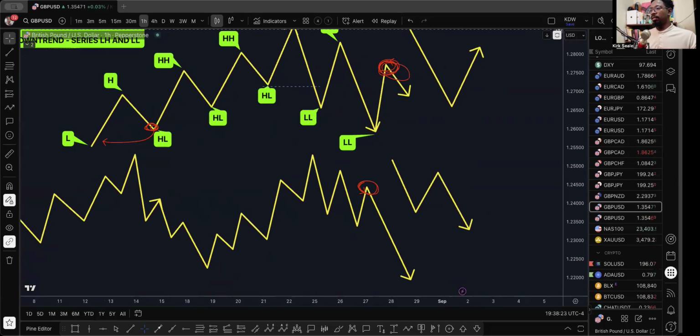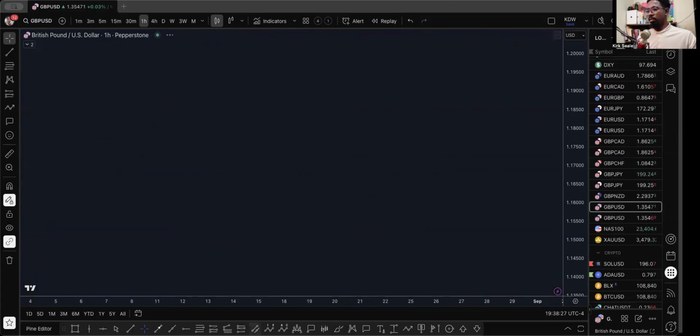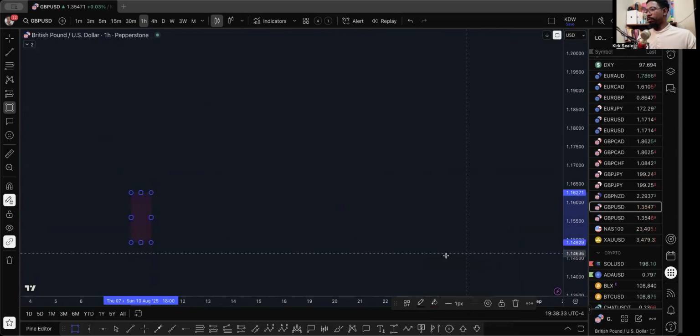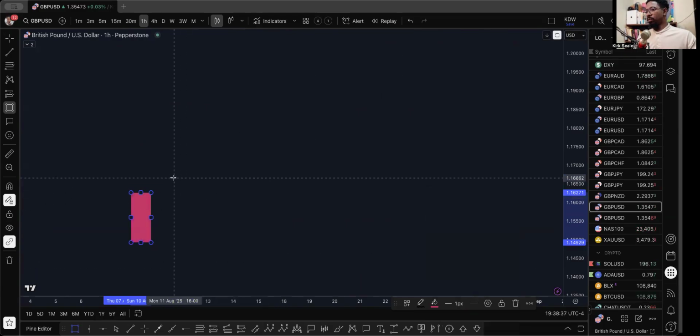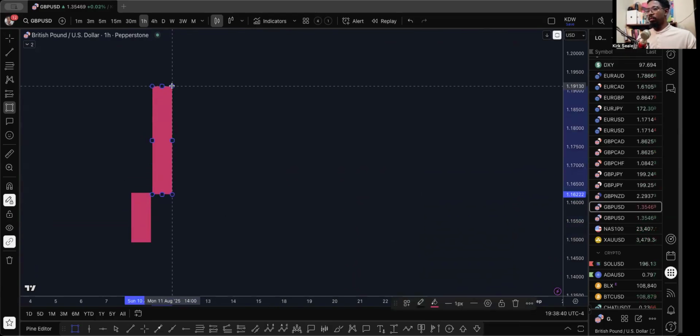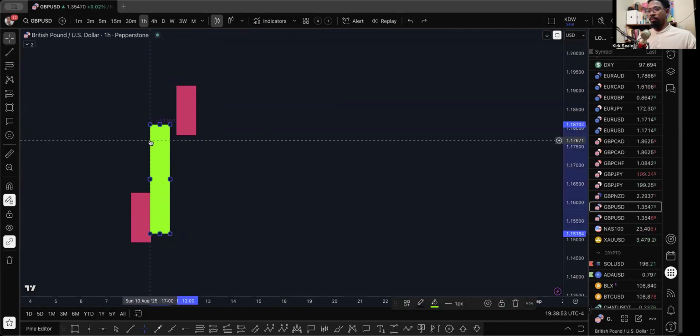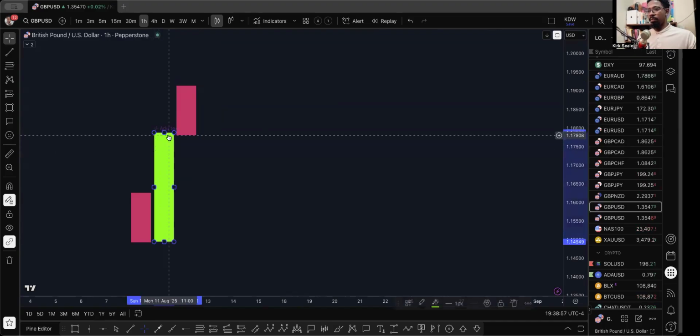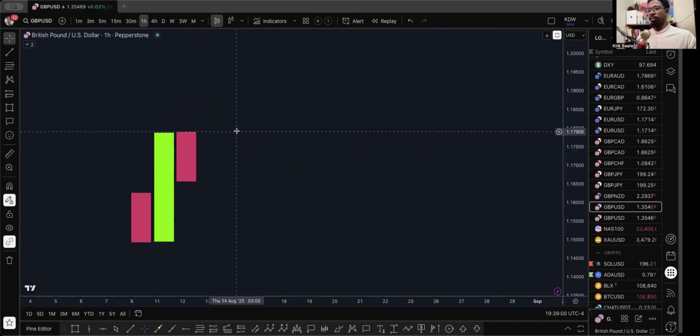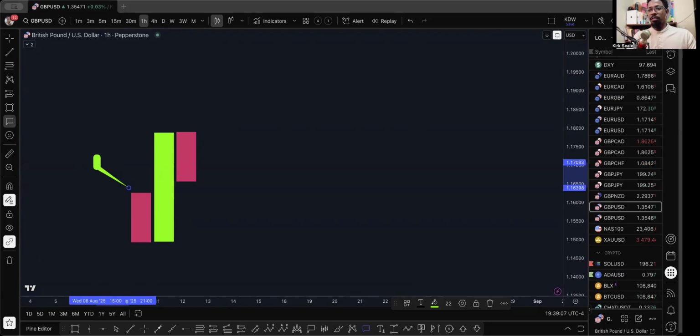All right. So for my beginners, this red candle is down, which means it's selling.